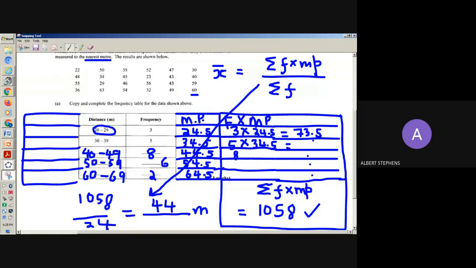Can somebody tell me, what's the second number? 172.5. Did you get that? Yes, I got 172.5. What's the other one? 356. All right. The second to last: 327. 129.